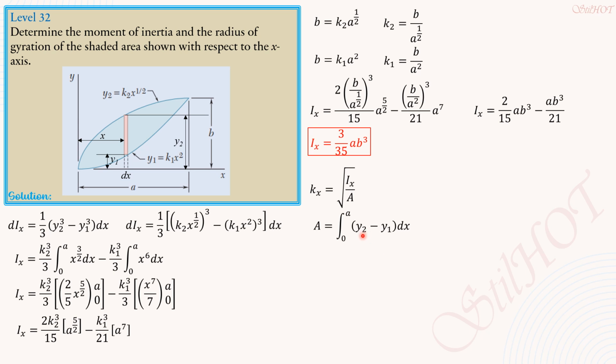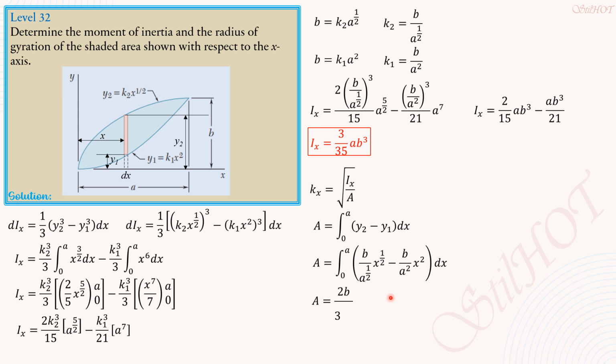y2 is equal to k2, which is b over a to the 1/2, then x to the 1/2 dx, minus y1, which is k1, b over a square, x square dx.